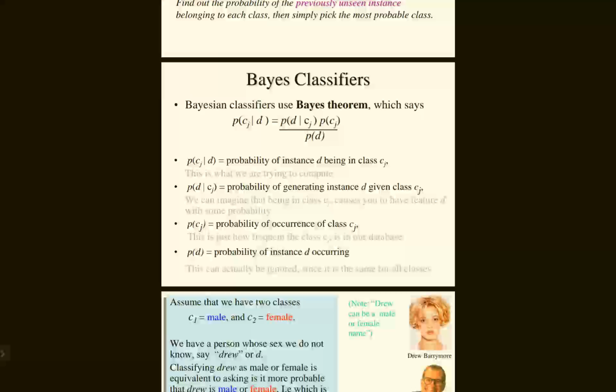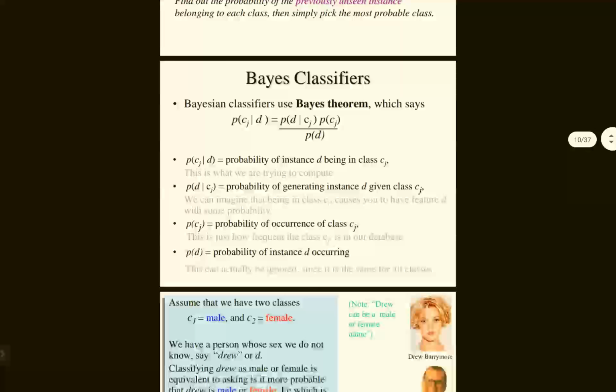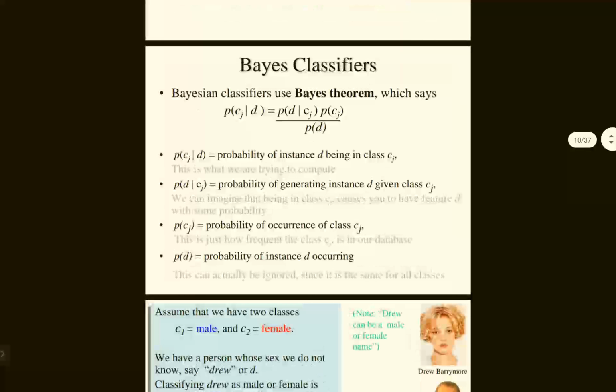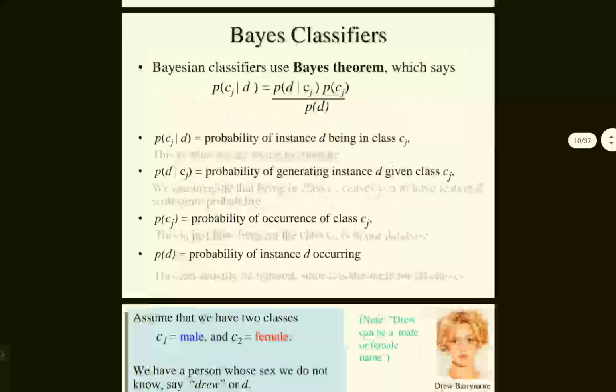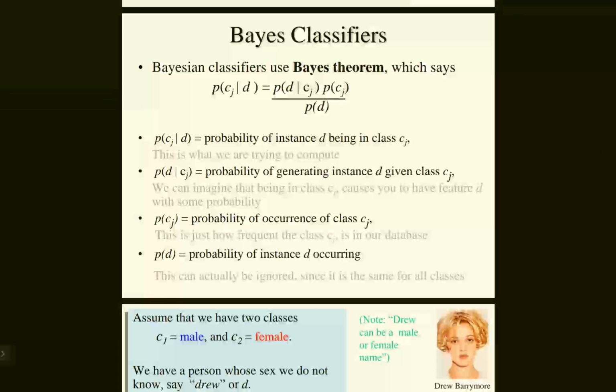So here we have to calculate the probability of this thing. Just concentrate on Bayes theorem here. It's a very, very important theorem. P, probability of instance D being in class Cj. That is what we're trying to compute.